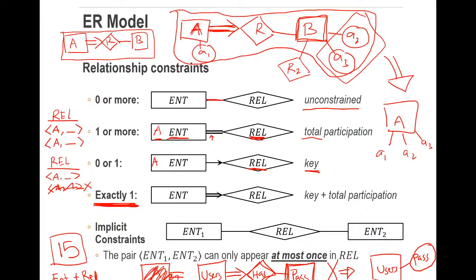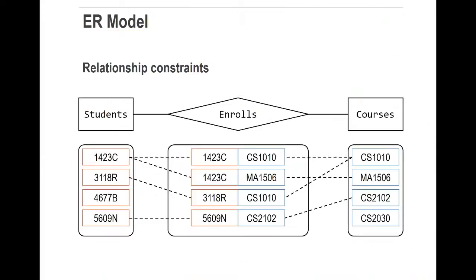Now, to make these relationship constraints more concrete, I do have certain examples. This is an unconstrained relationship. A student can participate multiple times, as you can see from here.